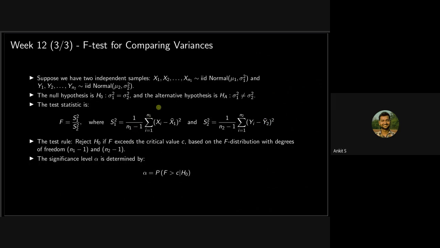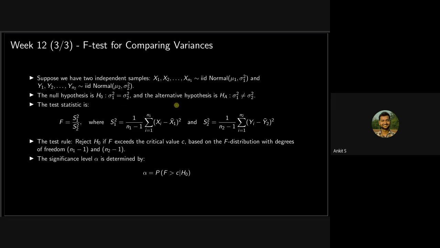Here we have two samples, and what we are doing is just dividing. What is our test statistic? It is F, which is simply the sample variance of both the samples. That's why it is a two sample test, because we are taking two samples and calculating the variances for both of them. We are dividing them. So here what would be our null hypothesis? The null hypothesis is that both of the sample variances are the same.